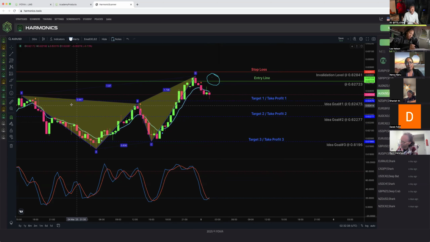The easy way to understand this is that we make money from the market going up if we buy. We make money from the market going down if we sell. So if we're getting in here and our target is for it to drop below, we obviously need to sell to make money from the market dropping down and reaching these targets.